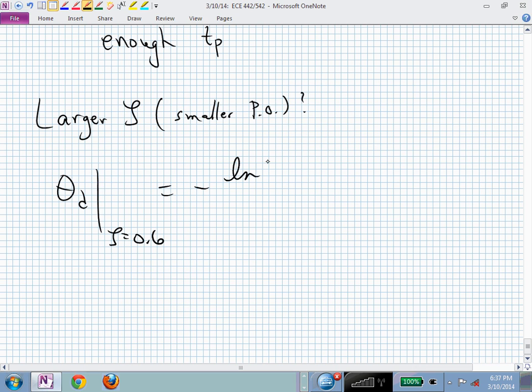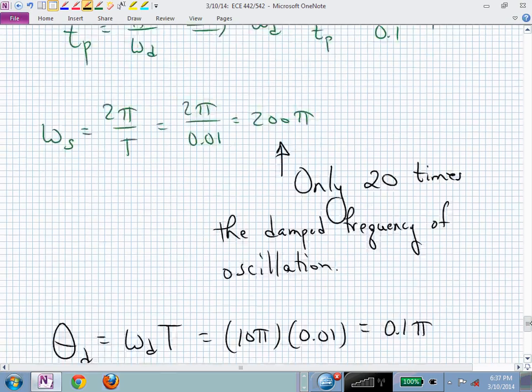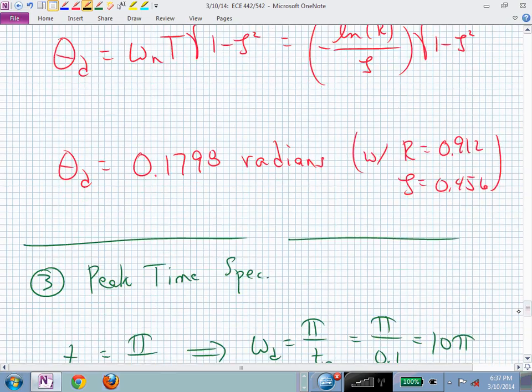And we know what r is. That's the 0.912. This actually ends up being 0.1228, which is even smaller than this.